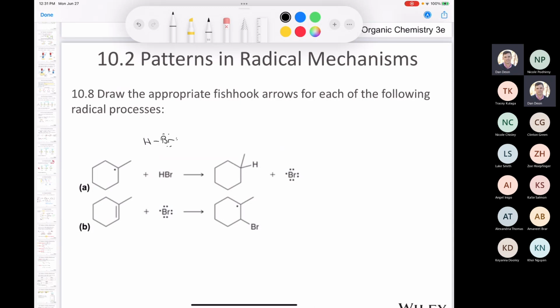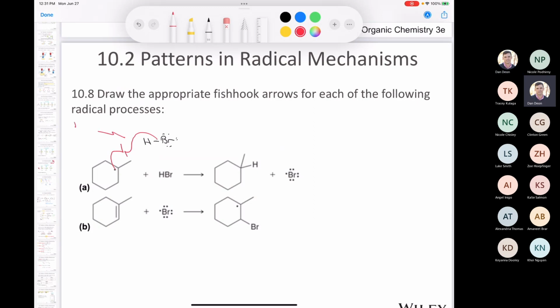And then we're forming a bond between the carbon, what was the carbon radical, and the hydrogen from HBr. So we're going to need to take one electron here. And then these electrons are actually going to meet in the middle like this. And this represents the formation of a bond, right? You have the one radical coming out, and then the other one comes up to it like this, and they connect to make a bond.